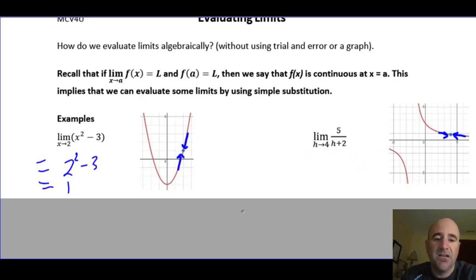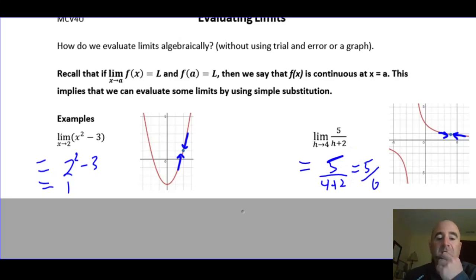So we can do that, and we get 5 over 4 plus 2, which is 5/6. So as h gets closer and closer to 4, 5 divided by h plus 2 gets closer and closer to 5/6.